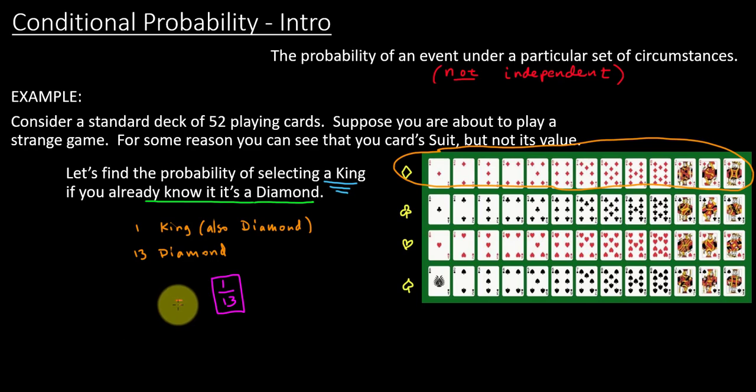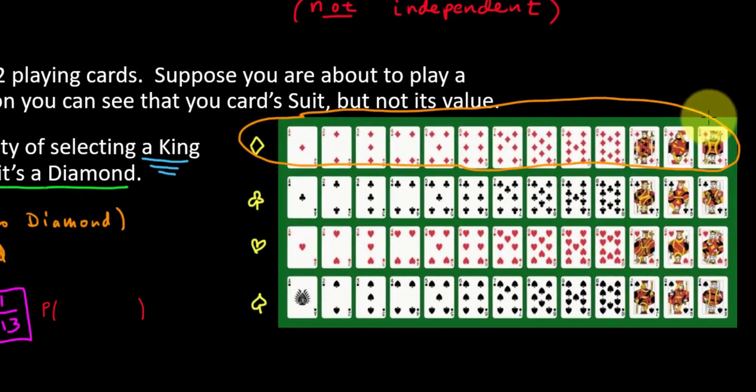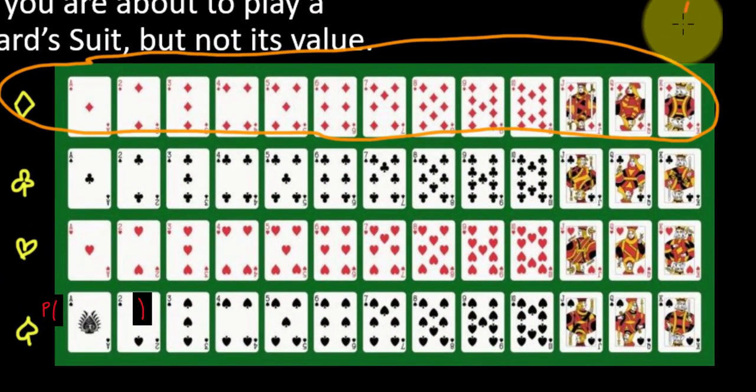So there's a denominator, and in that denominator was the probability of getting a diamond. In the numerator, we limited ourselves to those 13 diamonds, and we asked, how many of them are a king? Well, there was only one king. It's also a diamond because we're limited to that.